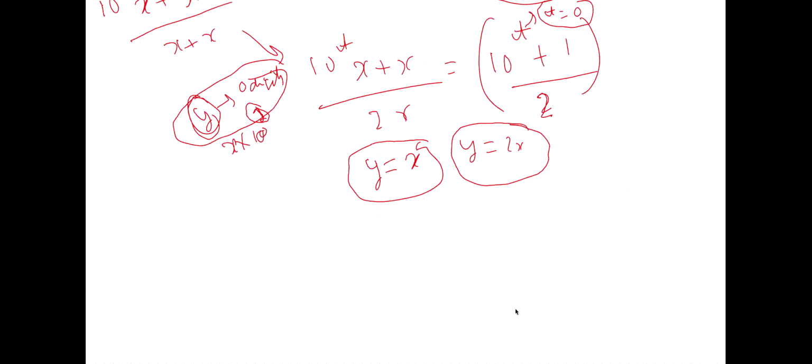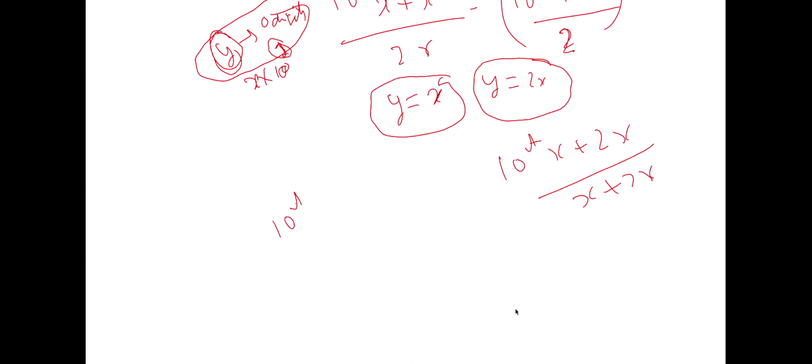So 10 to the power t, x plus 2x by x plus 2x. If I take y equal to 2x, then it becomes 10 to the power t, x plus 2x by 3x. Now x gets cancelled, and our final equation is 10 to the power t plus 2 by 3.